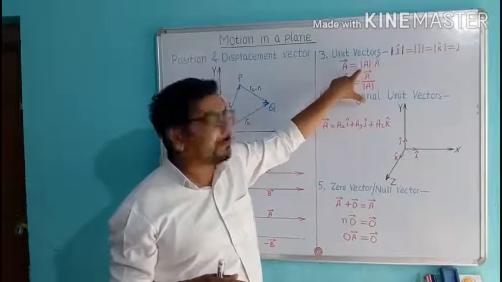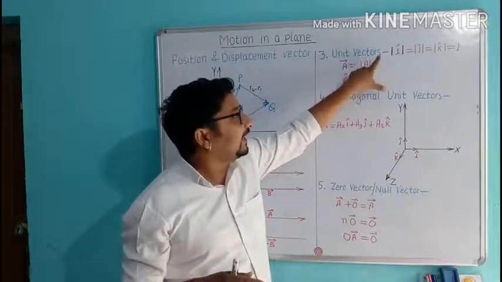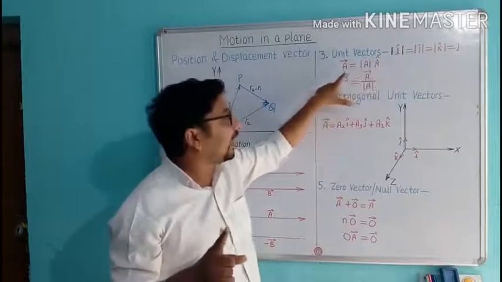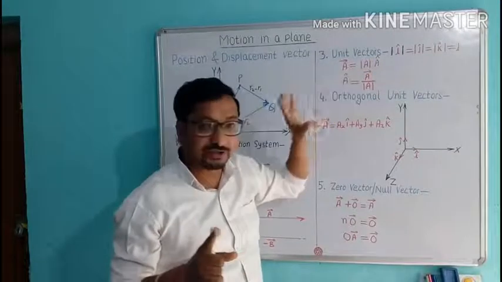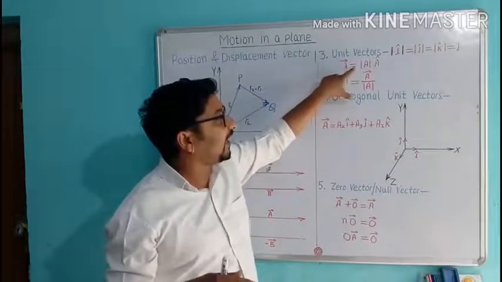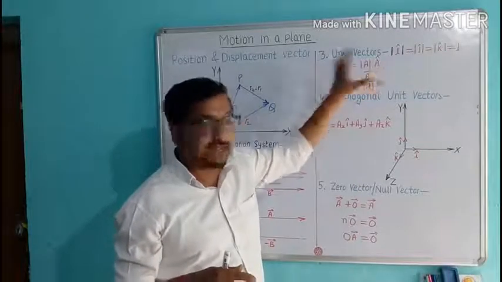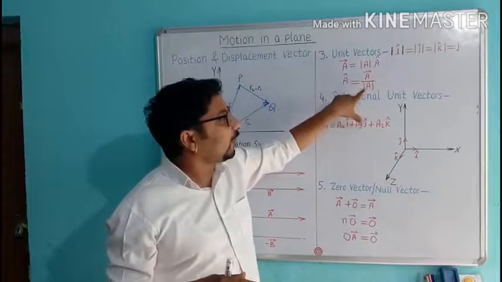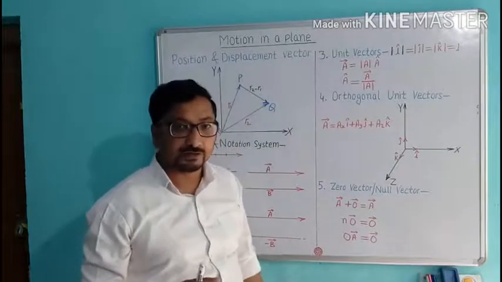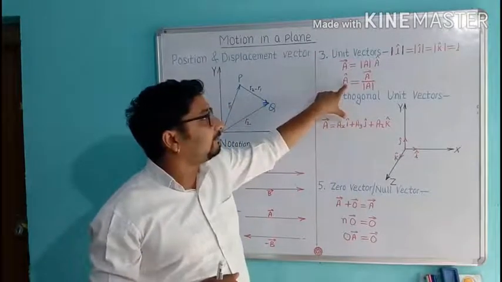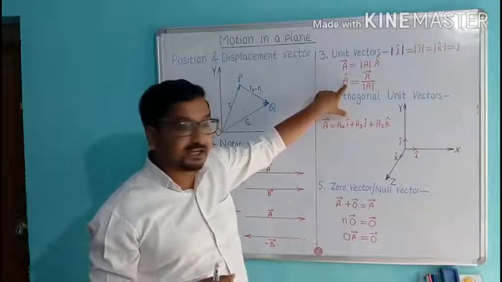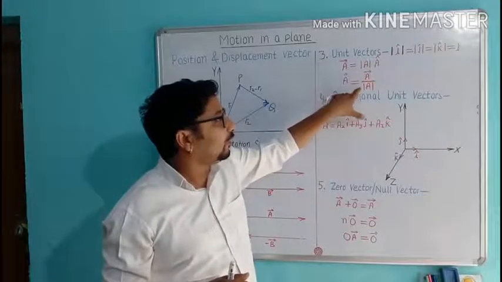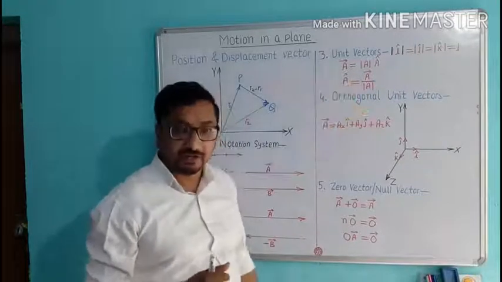Mod A represents the magnitude of vector A and A cap represents direction. So we can write any vector A as mod A times A cap. Then A cap will be vector A upon mod A. That means unit vector A cap is equal to vector A upon modulus A.